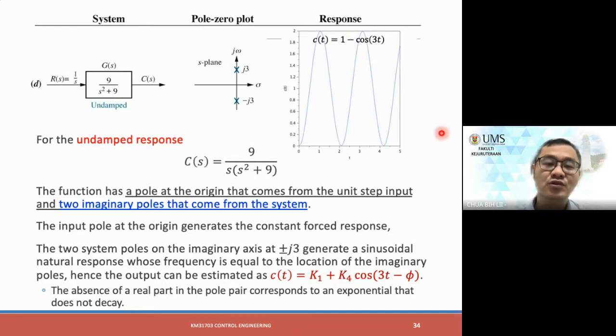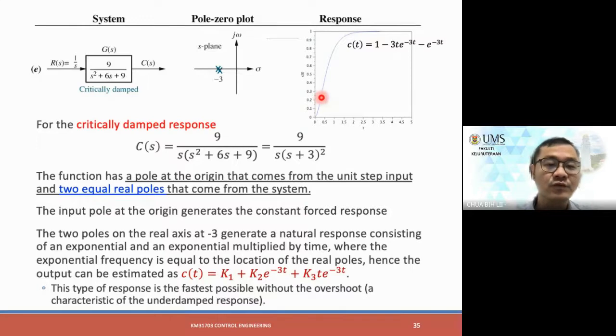When you go onwards, in the next chapter on stability, when these roots come to the right-hand side, the system becomes unstable. Instead of maintaining the same maximum value, it will continue to become bigger and bigger. That is the characteristic of the pole when it starts to move to the right-hand side. We will cover that later in the next chapter.